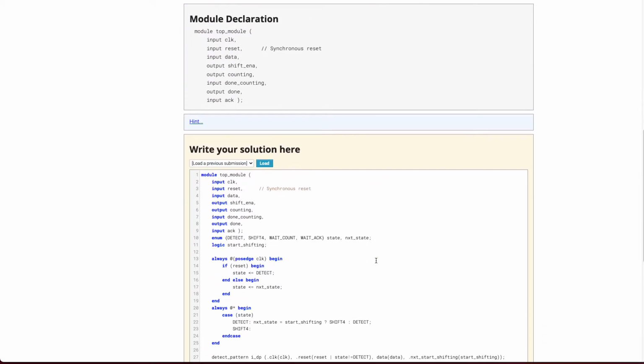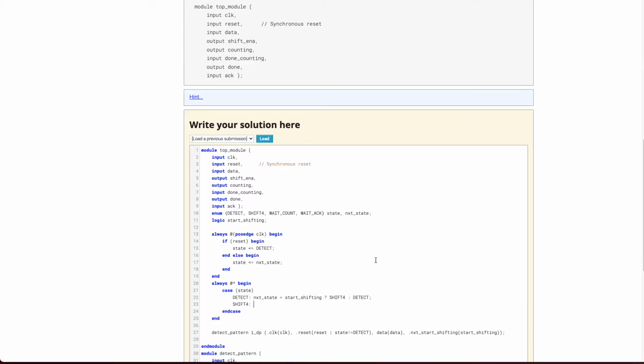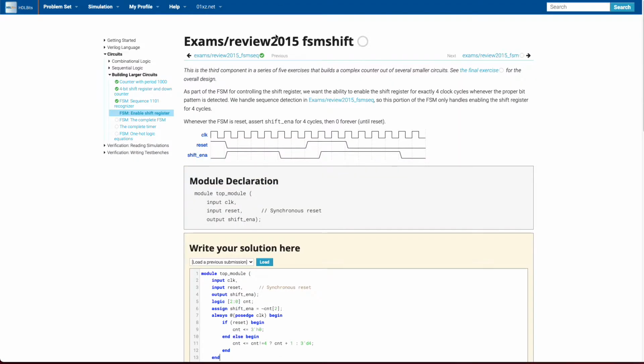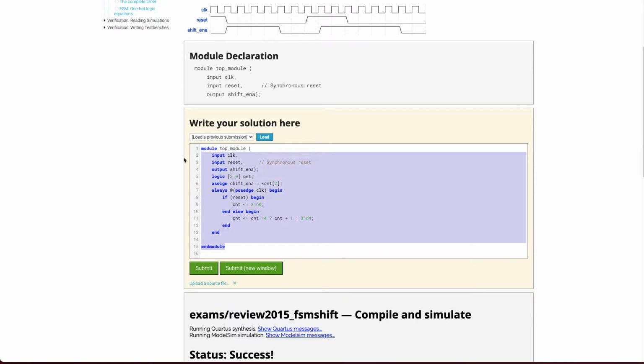So when we're in shift 4, we're just waiting for this to tell us when it's done. 1, 2, 3, 4.